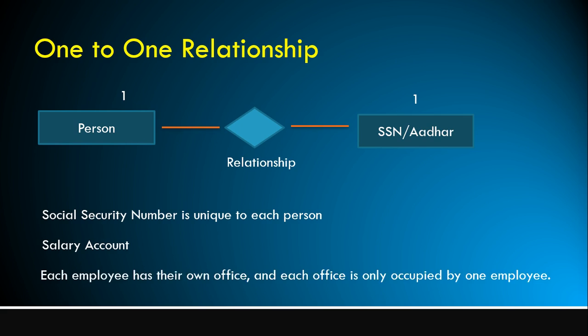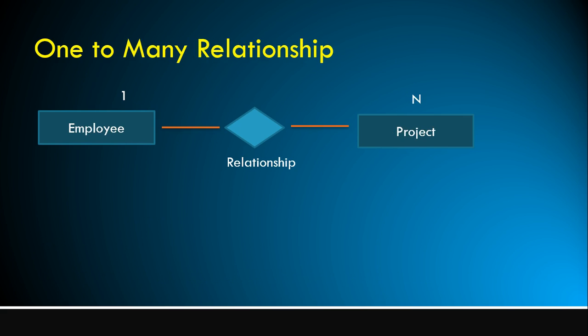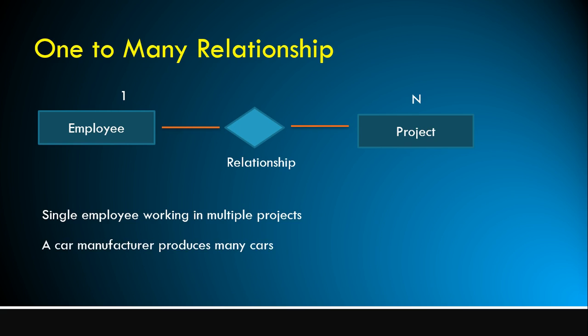He cannot have more than one salary account. One to many relationship. In this case, a single employee can work on more than one project, as a single car manufacturer can produce many cars. The next example is a customer can order more than one item.